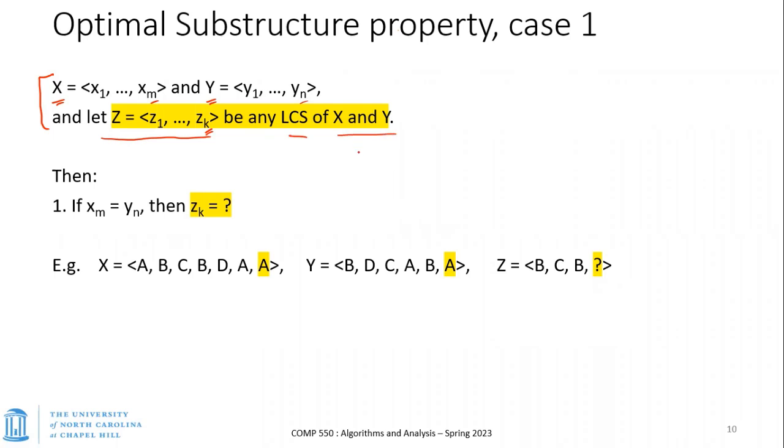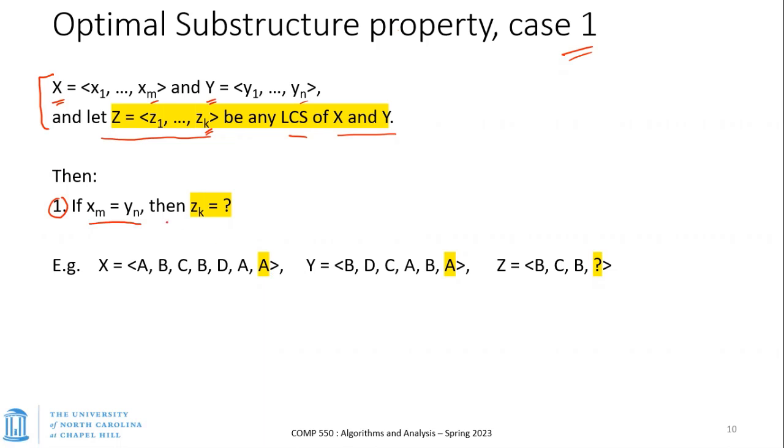Right, now we're going to have 3 cases, and as we go through those 3 cases, we'll take a look at their proof, and also be able to determine a recursive solution to the problem. So let's start with the first case. The first case says, what if x sub m is equal to y sub n?